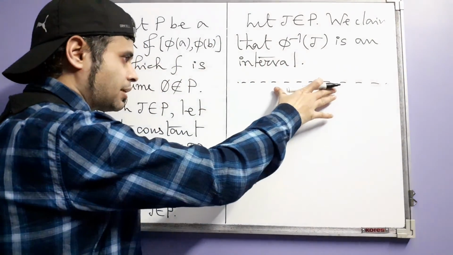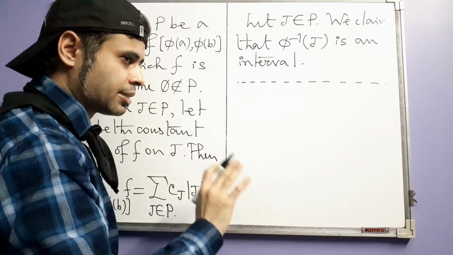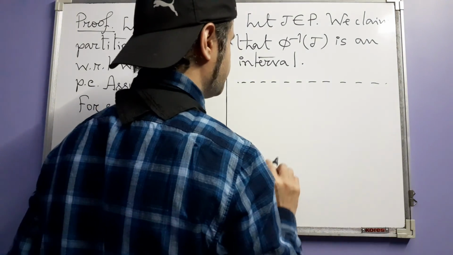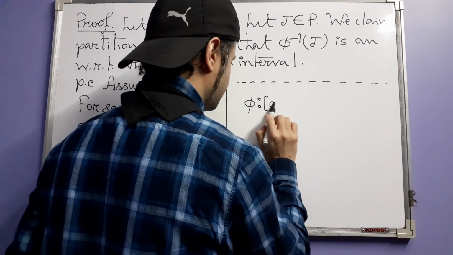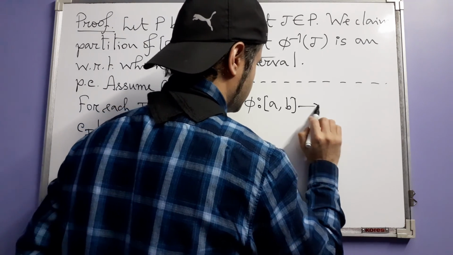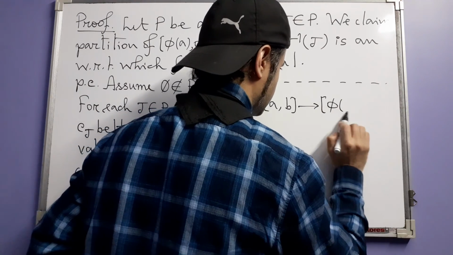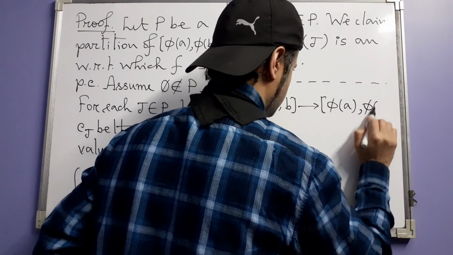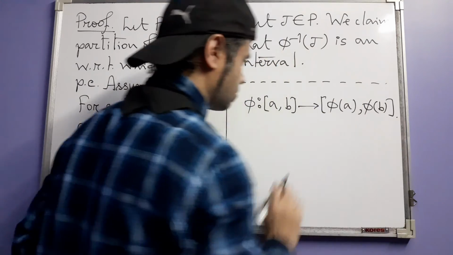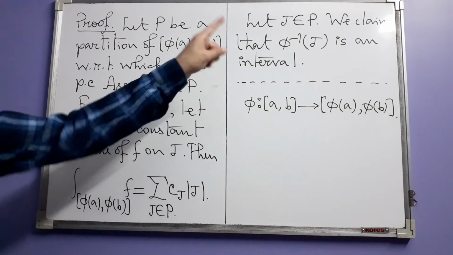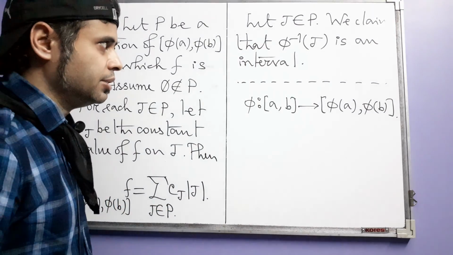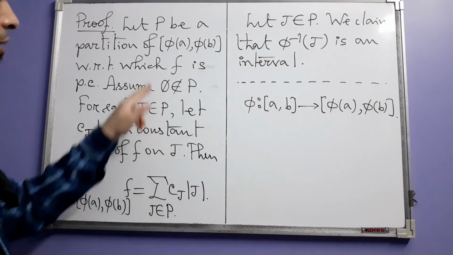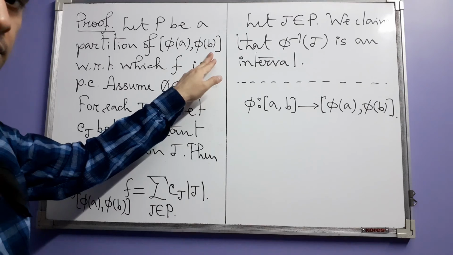So this, whatever I write here between dashed lines, that's not a part of the proof. What is our phi? Our phi is a function like this. Now what is j? J is a subinterval in the partition P, and P is a partition of what? P is a partition of this interval.